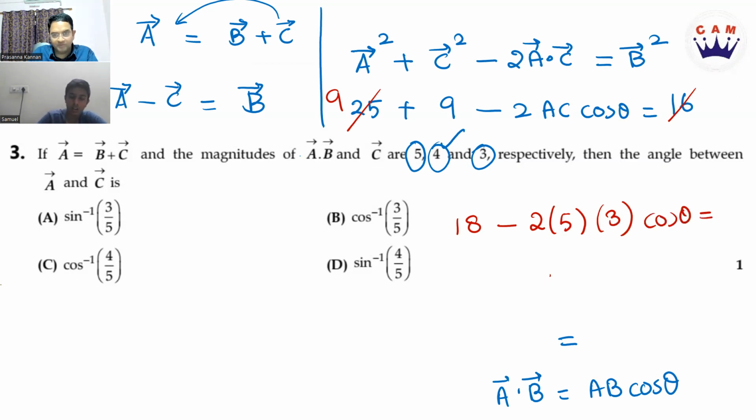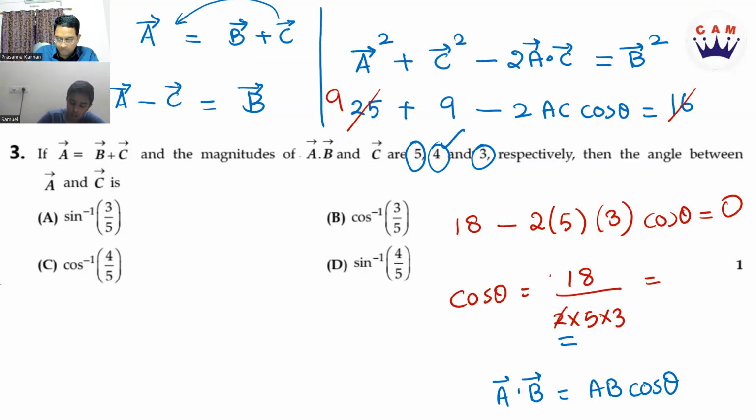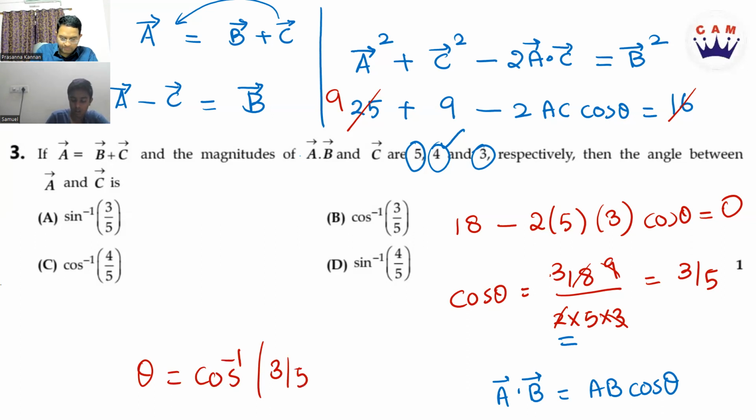Cos theta is equal to, I have taken the 16 this side. So what is your cos theta? 18 divided by 2 into 5 into 3. 9, 3. So you get 3 by 5. So cos theta is 3 by 5. So theta is cos inverse 3 by 5. So the right answer is the second option.